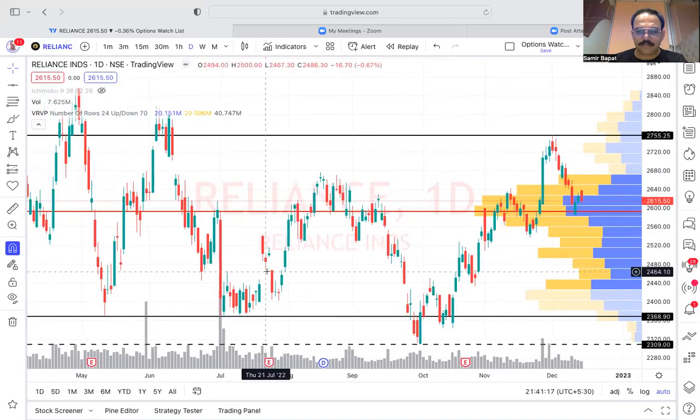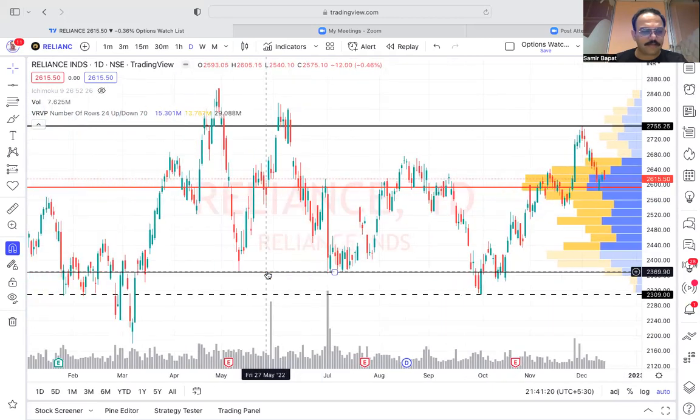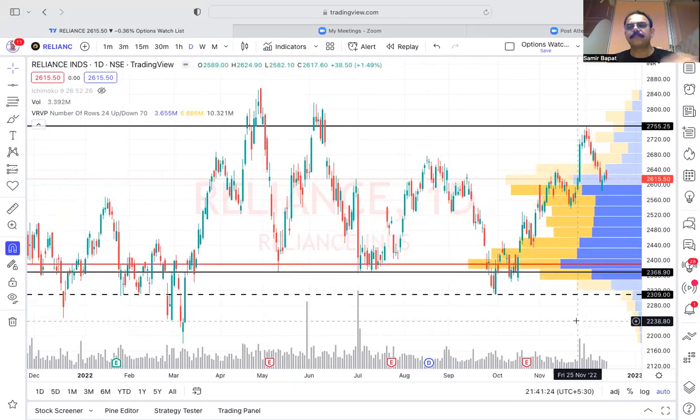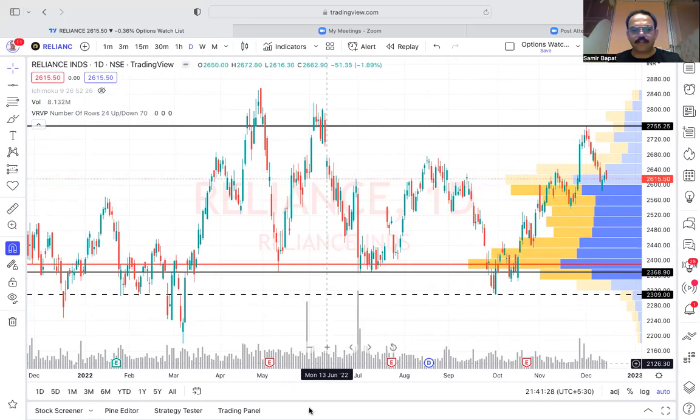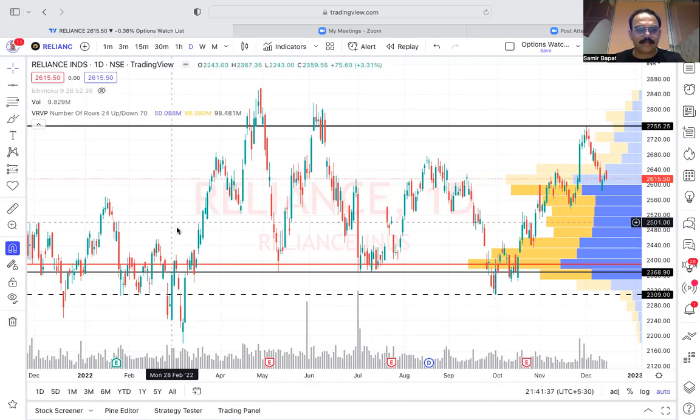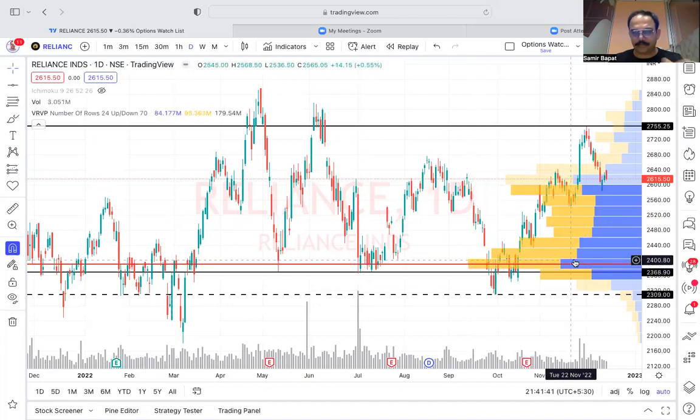Let's take from December to December. You'll find that the horizontal volume here is pretty high. The volume at this level is highest. So this is the volume profile at the price level.